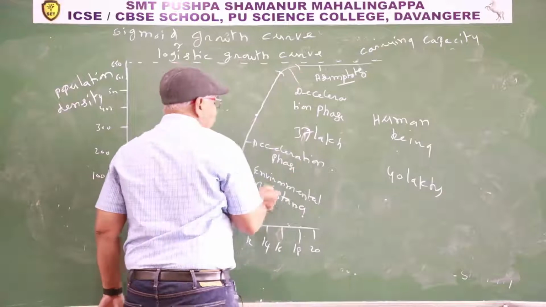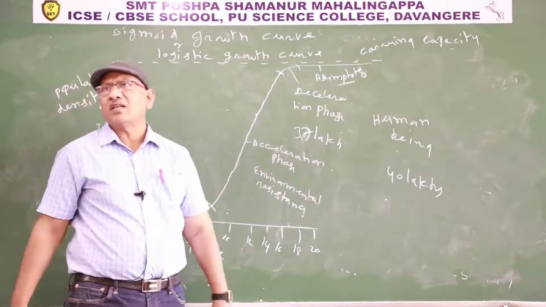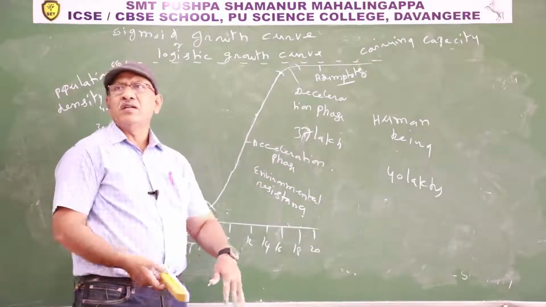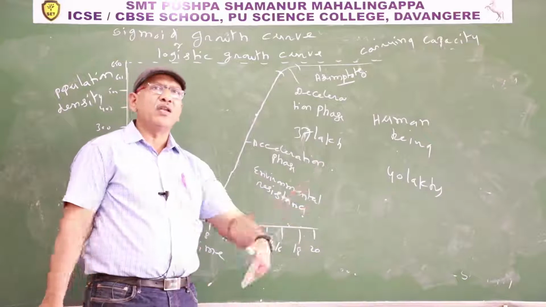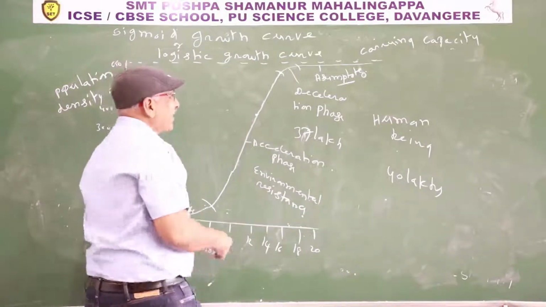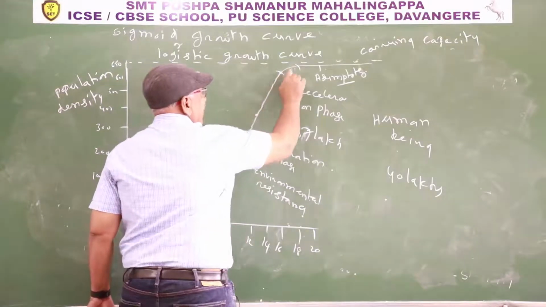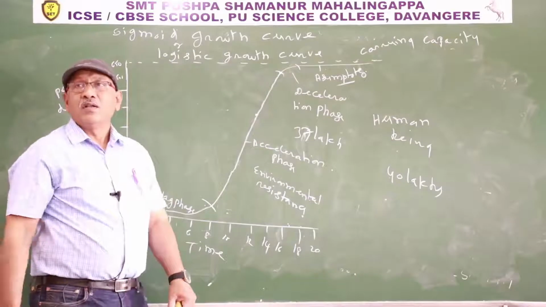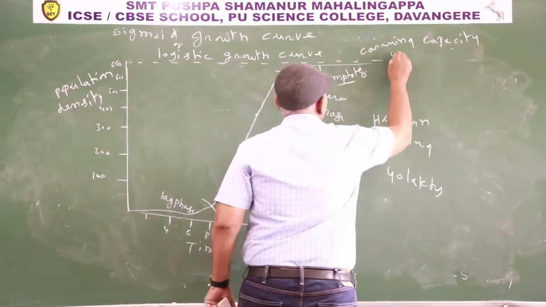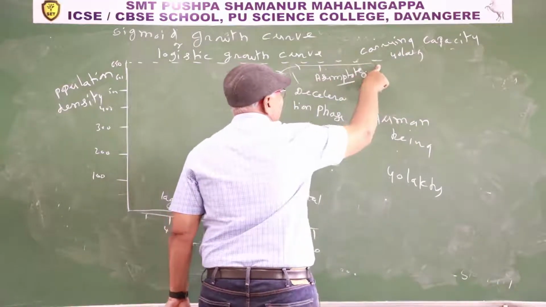Later, due to environmental resistance, there is no space to construct houses. At that time, they demolish the individual houses and construct apartments. Then the growth rate decreases; that is the deceleration phase. Finally, at the carrying capacity of 40 lakhs, it is neither increasing nor decreasing.